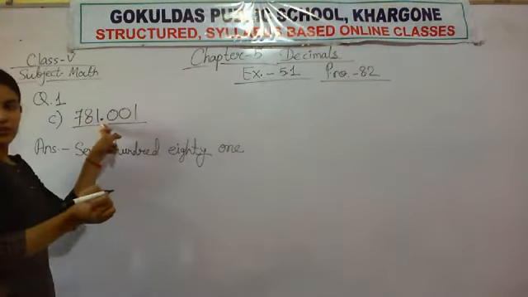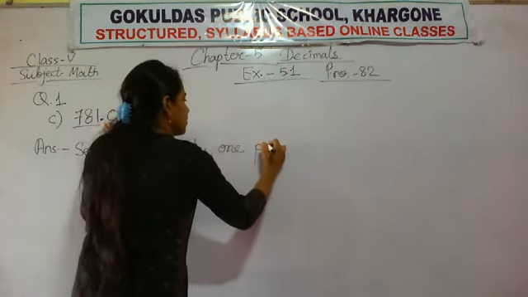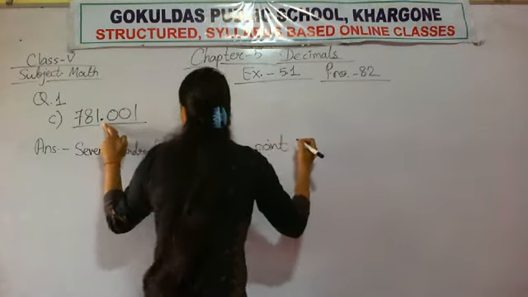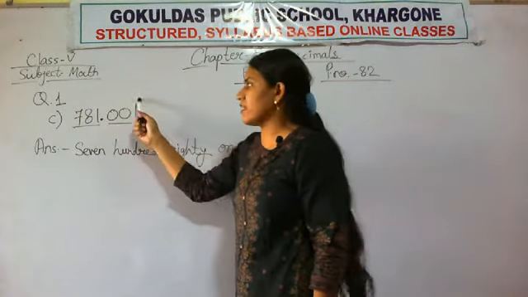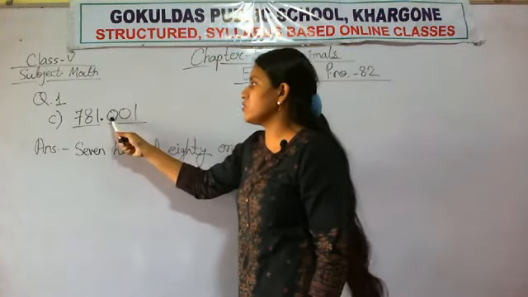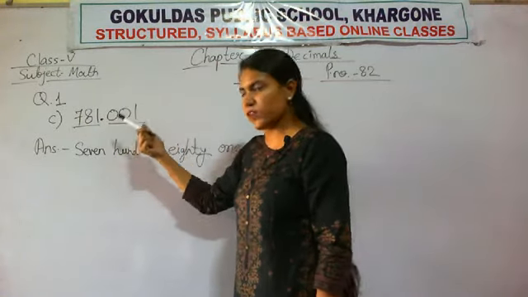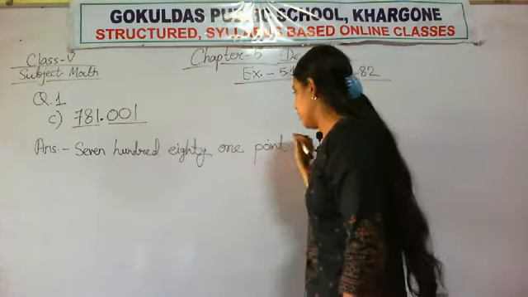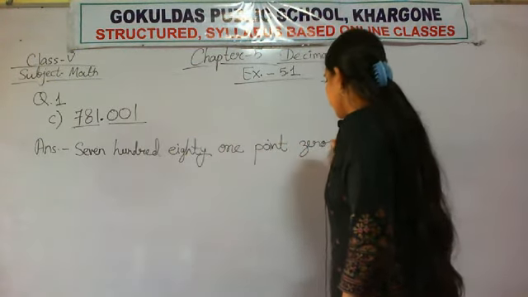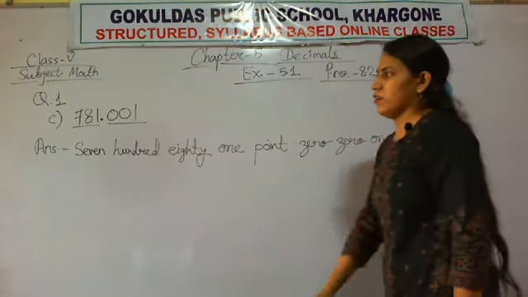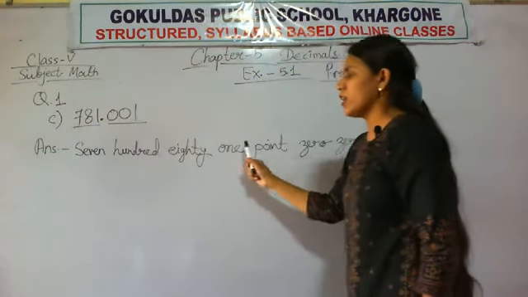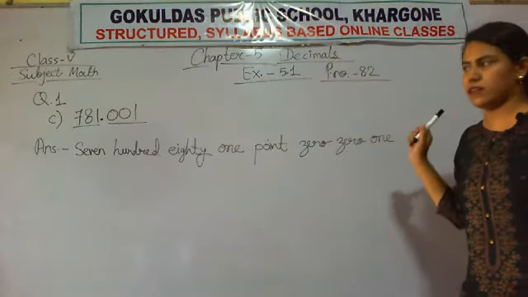Then the decimal point is there, so write point. 781 point. Read these digits separately as they are written in the decimal part. So 001 is written, so we will write zero, zero, one. 781.001.